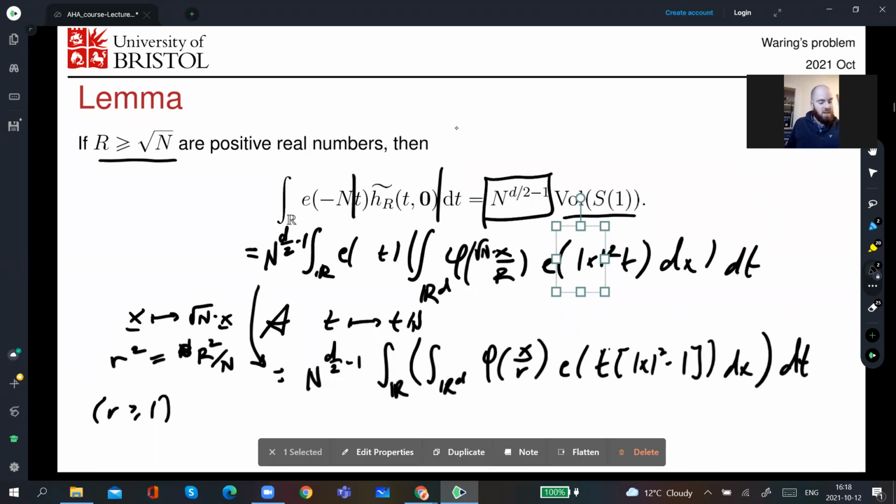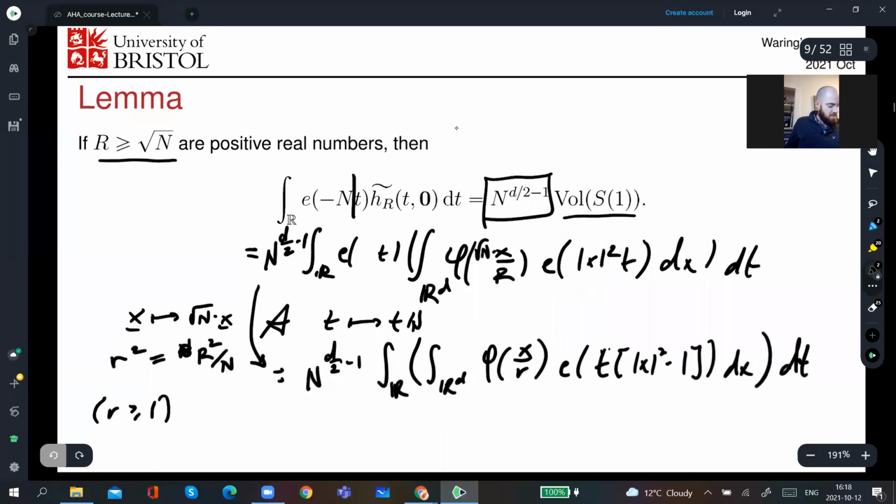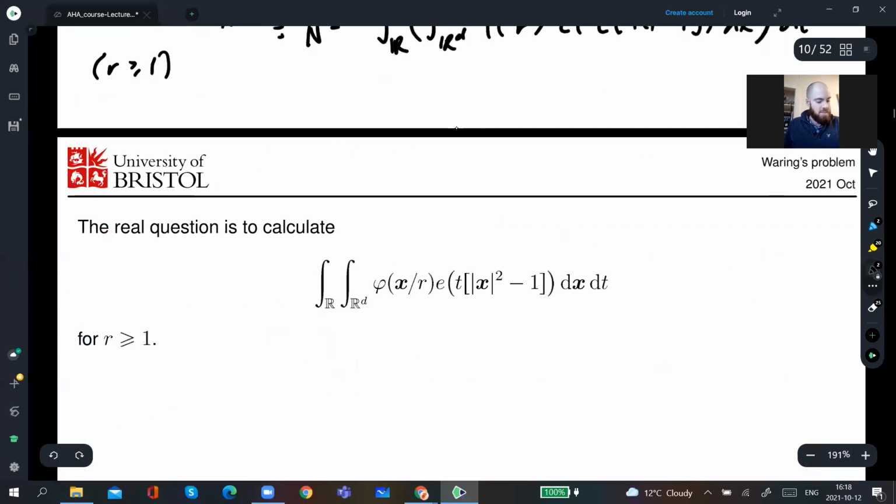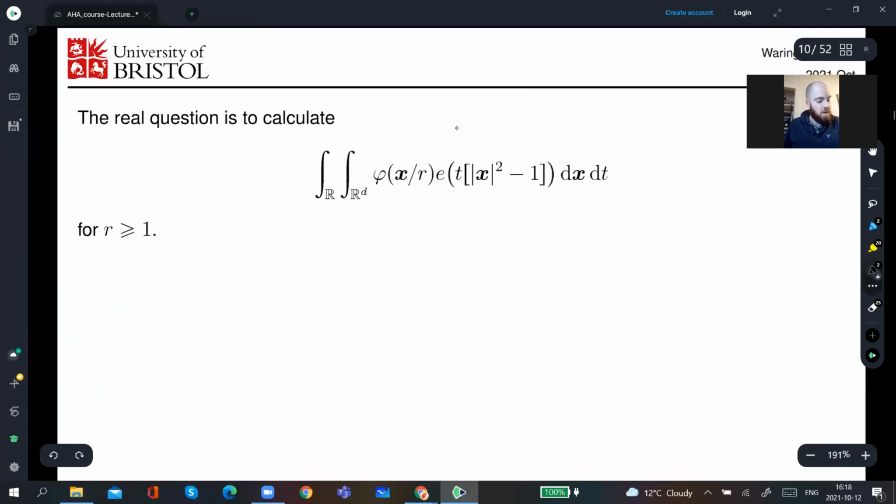But altogether, it's not absolutely convergent in terms of x and t simultaneously. But we just need to be able to integrate each one individually. So that's cool. Great. So what we see is that we actually care about calculating this double integral. And again, this double integral is not absolutely convergent in terms of x and t simultaneously.